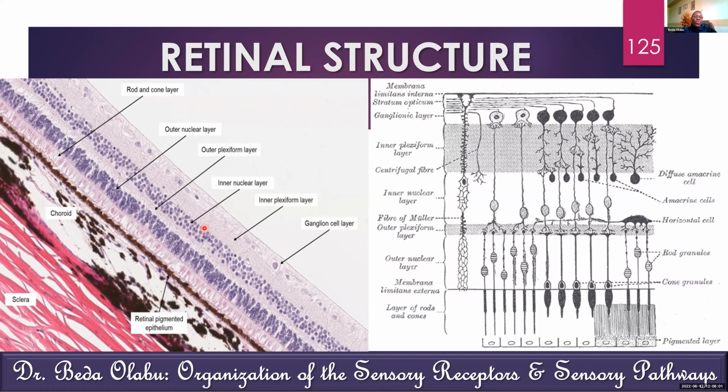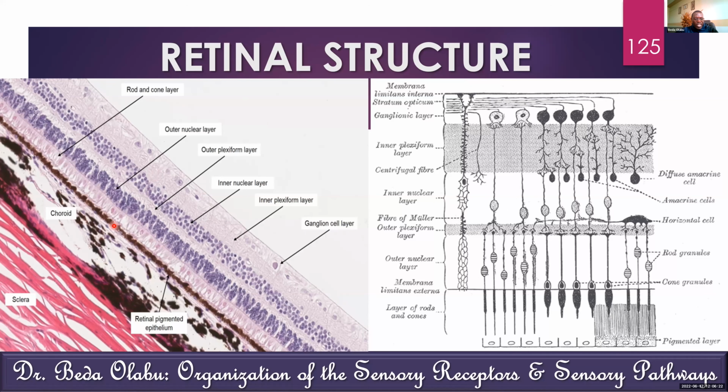Layer 5 represents the region of synapse between the first order neurons and the second order neurons in the pathway of vision. We call that one the inner plexiform layer. I've lost count, but that's the next layer there.